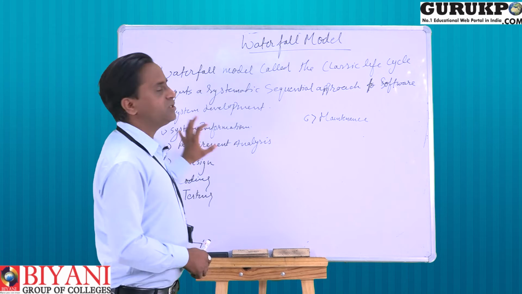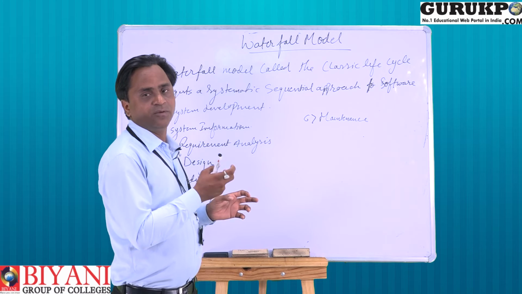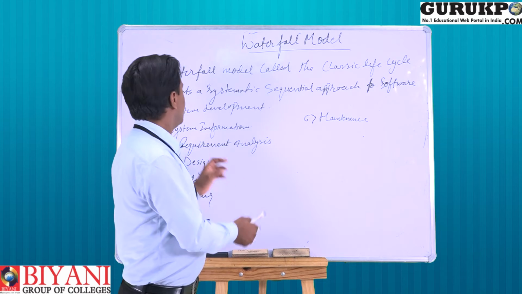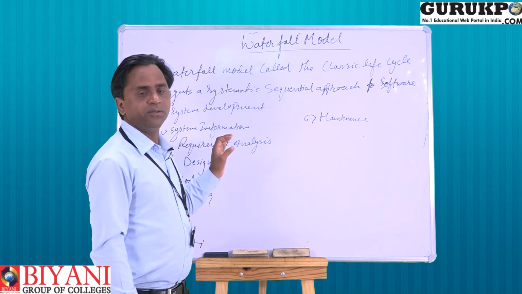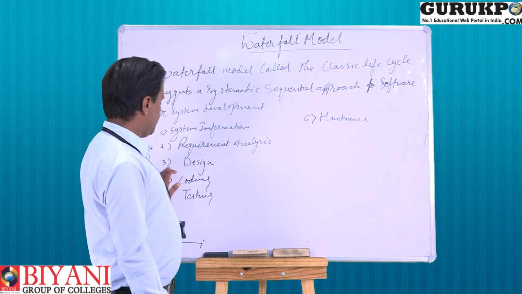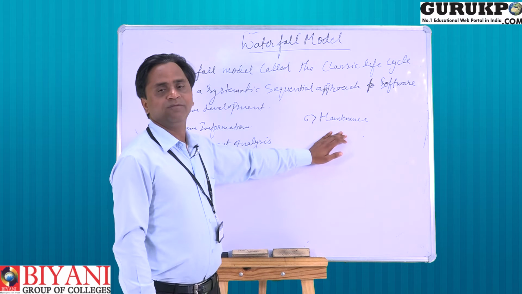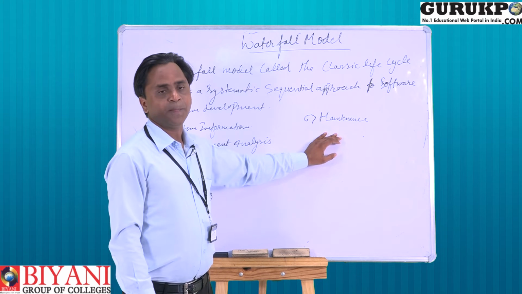There are different stages of how software can be developed, and we have a few stages to work on. First of all, we discuss these stages: system information, requirement analysis, designing part, coding part, then testing part. After testing, the last stage is the maintenance stage.